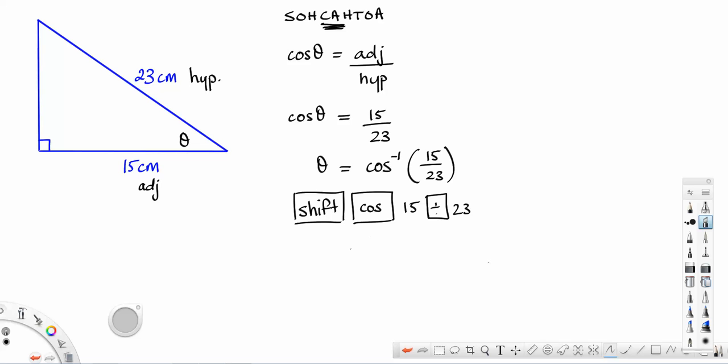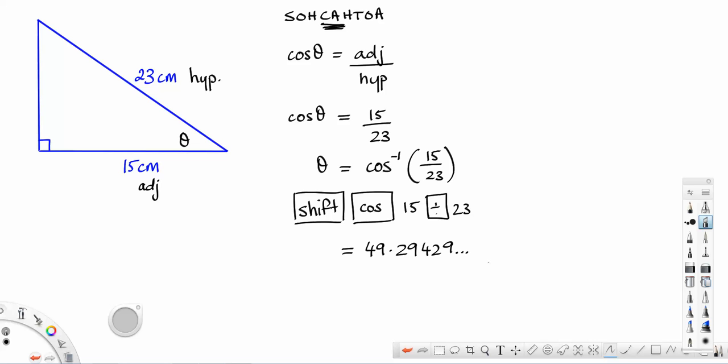And so the answer you'll get when you do that, shift cos 15 divided by 23, close brackets, and you get 49.29429, and it goes on.